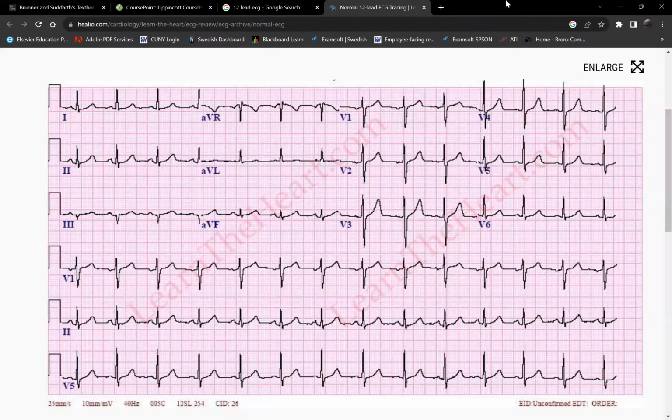As far as lead 1 is concerned, this is how the electrical activity looks from where it's standing. Then lead 2, this is what it looks like. Lead 3, since it's on the right side, looks different, right? Look at lead 2 and lead 3. Completely different picture. And same thing for V1, 2, 3, 4, 5, 6.